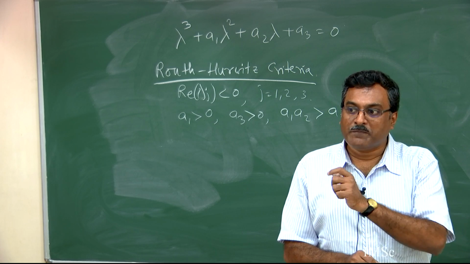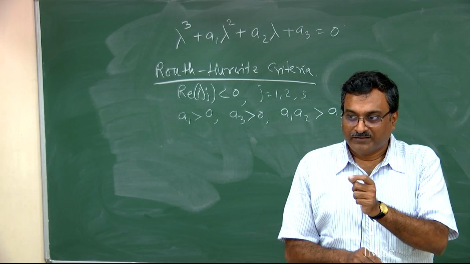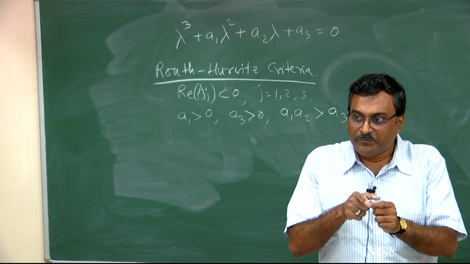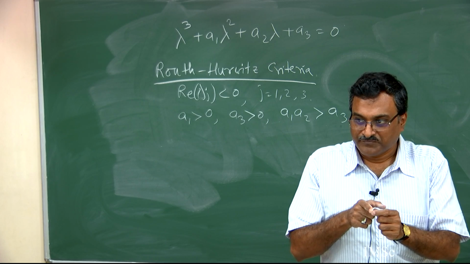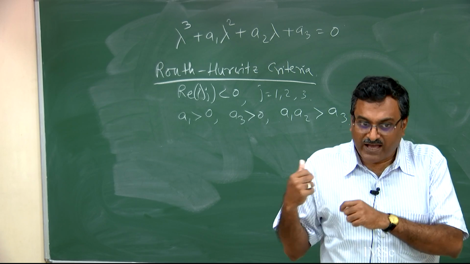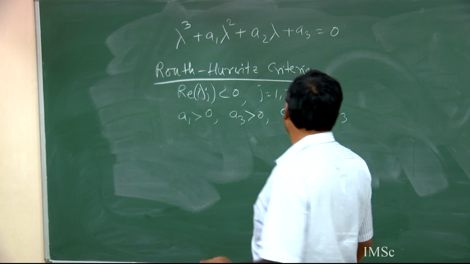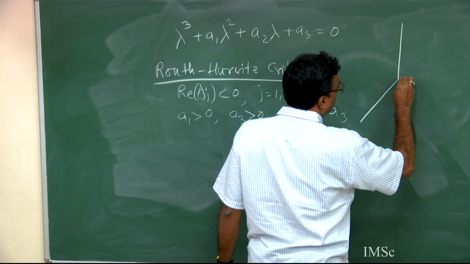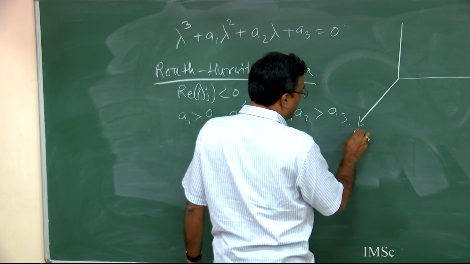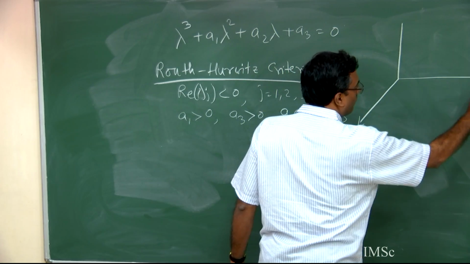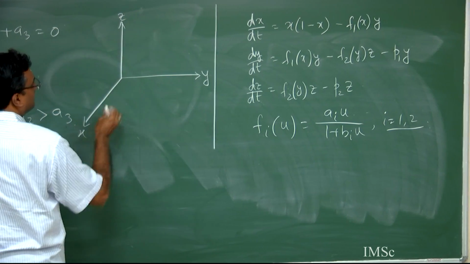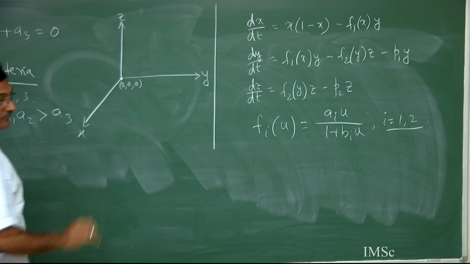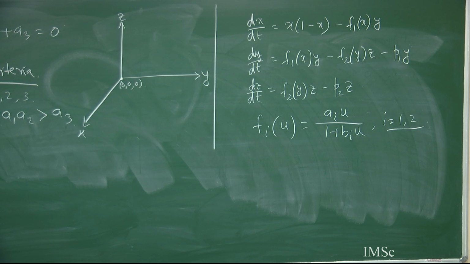Because in the case of the Rosenzweig-MacArthur model, you can recall that I have mentioned that the interior equilibrium point can coincide with the axial equilibrium point 1, 0. So here in this model, if we draw a rough sketch of the possible positions of the equilibrium points, this is your x axis, this is your y axis and this is your z axis. Here you will have one equilibrium, 0, 0, 0, the trivial equilibrium.